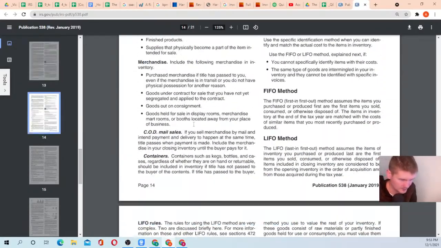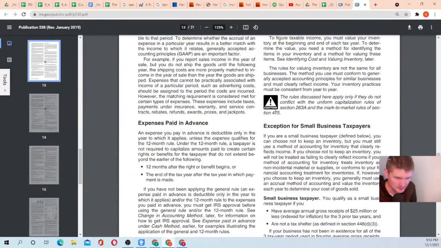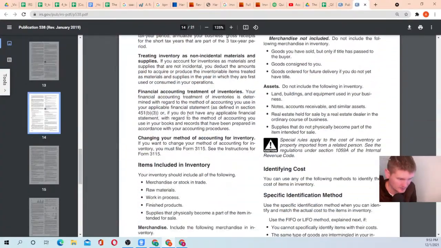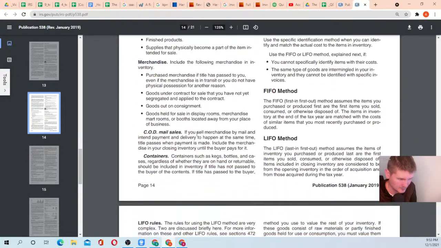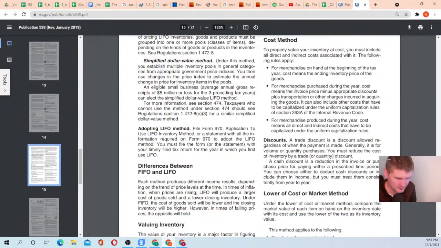And with your NRV adjustment, let's see where it is, LIFO, expenses, inventories, merchandise, LIFO, cost method.